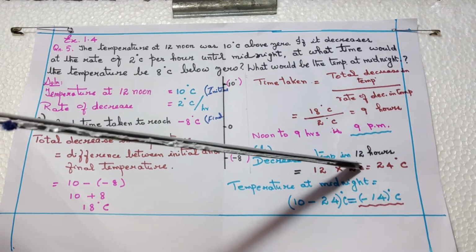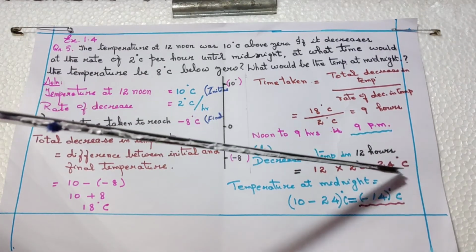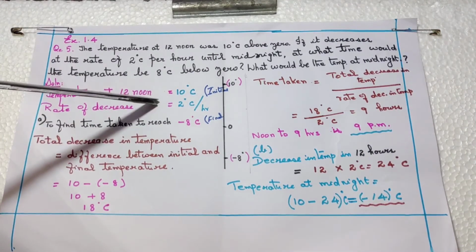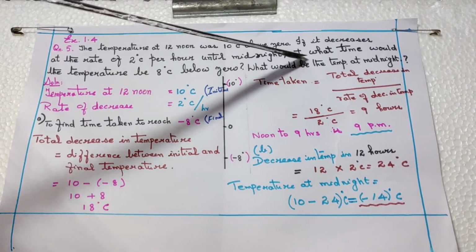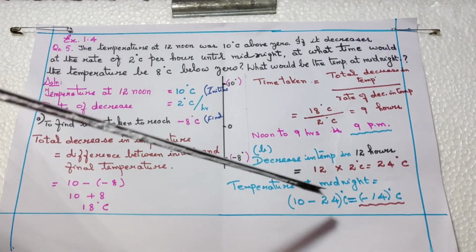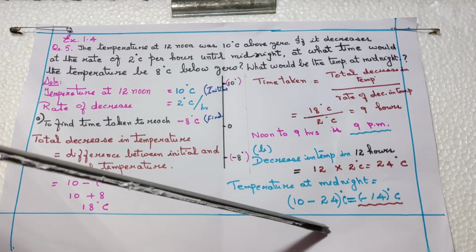So in 12 hours, how much will it decrease? 12 into 2 degrees, which gives you 24 degrees Celsius. So from 10 degrees, we have to reduce 24 degrees because slowly it reduces, 2 degrees at a time. So in 12 hours, it reduces by 24 degrees.